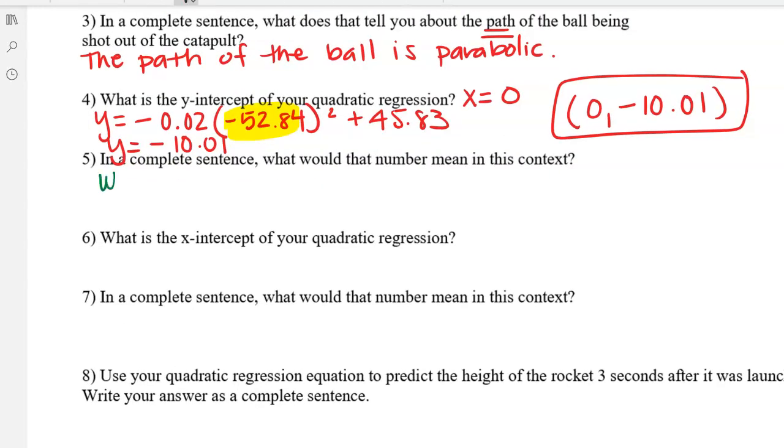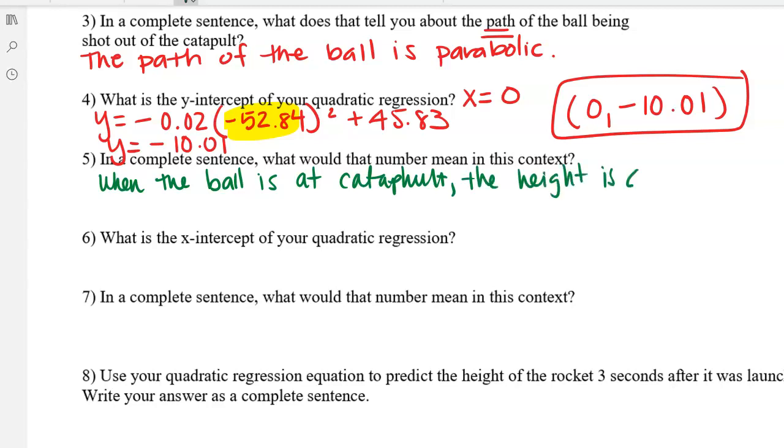10, okay? So when the ball is at the catapult, the height is about 10 feet underground. Does that make sense?